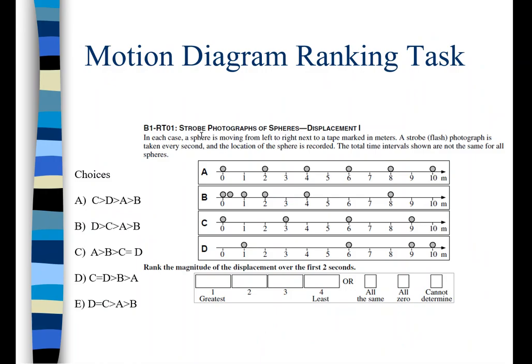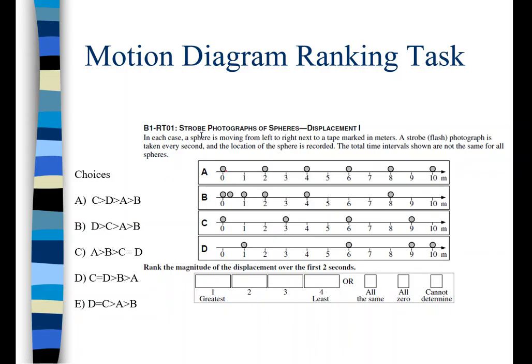In this case, you can actually do various versions of these. Here, a strobe flash is going at regular time intervals, and you see where the ball is at any particular time. In this case, they want you to solve how they compare for the first 2 seconds.